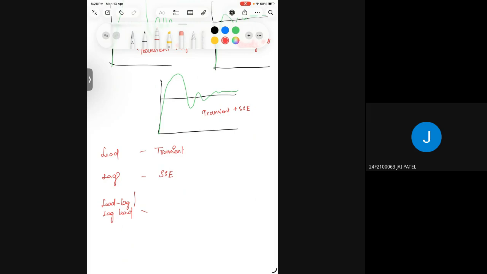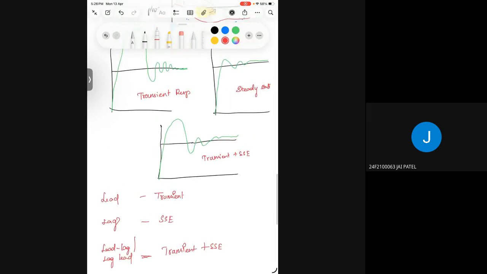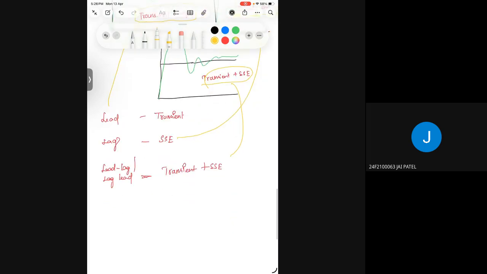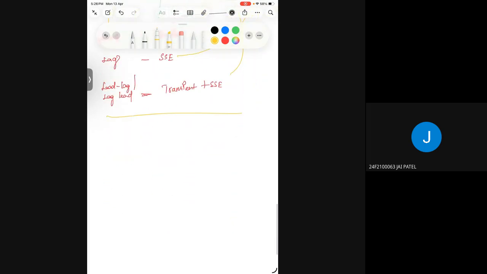A lead compensator concentrates more towards your transient response. But a lead-lag compensator concentrates on both transient plus steady state. So if my requirement is to improve the transient, I will go with lead. If my requirement is to improve the steady state error, I will go with lag. If it is both, I will choose the lead-lag compensator. This is how we choose compensators. This is one point to remember.